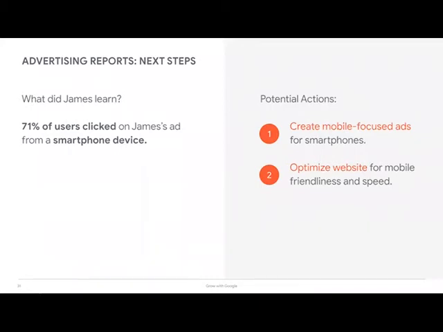They're visiting his website and clicking through to his website from his mobile ads. So that means he needs to make sure that the website experience is exceptional on a mobile device. So if he hadn't done it already, he could optimize his website for that mobile friendliness and load time so that it loads quickly for people.